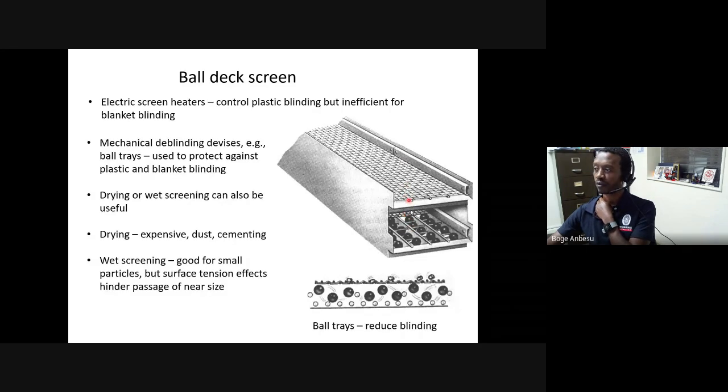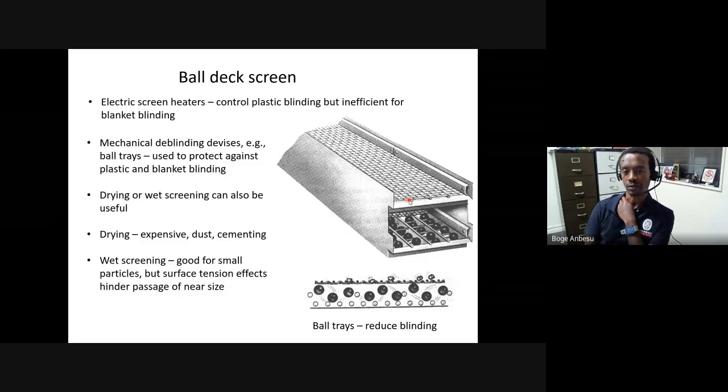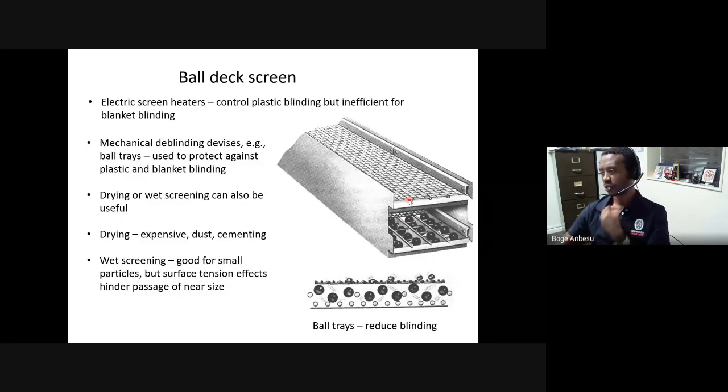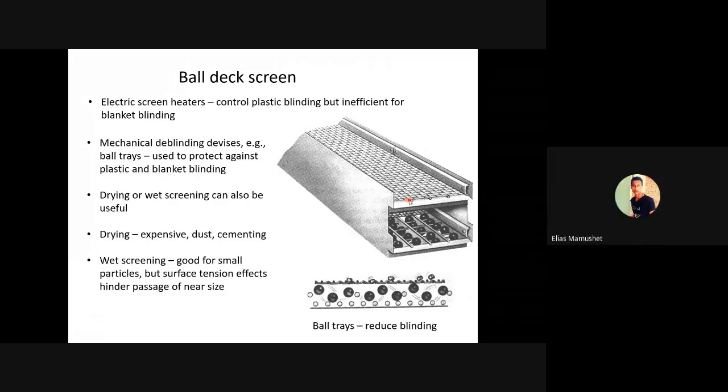As they hit the screen from the bottom, they actually disrupt some of the blinding happening on the screen. And again, that can be used to reduce blinding. So obviously these are extra operations which can cost you more money. So you might as well just do either completely wet screening, or you can just do dry screening eventually to maximize your screening efficiency.